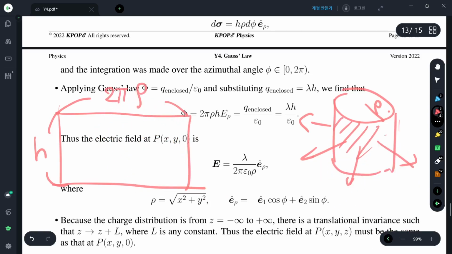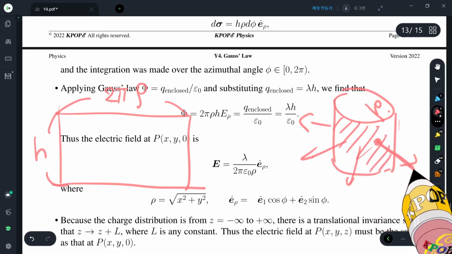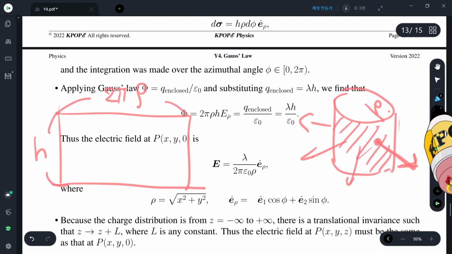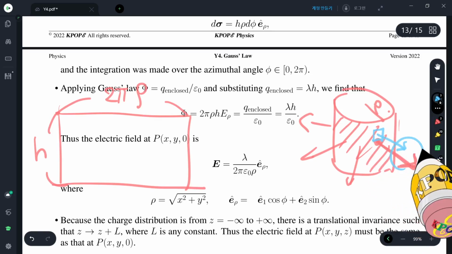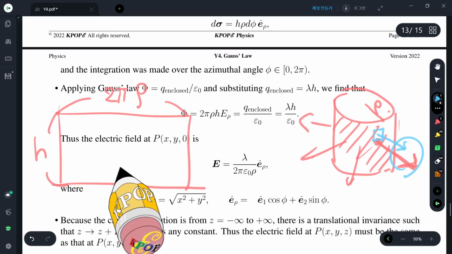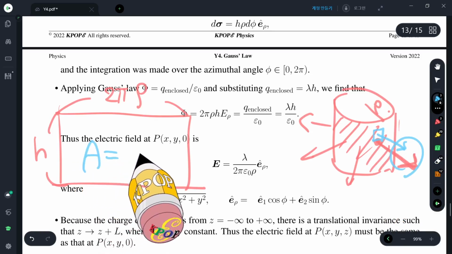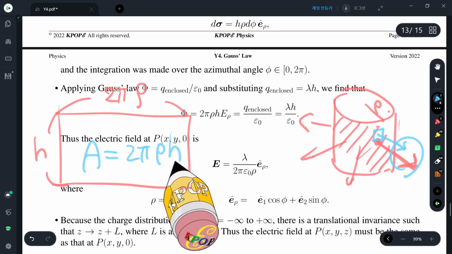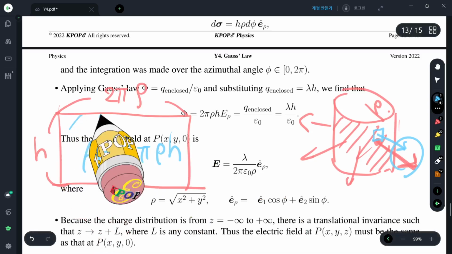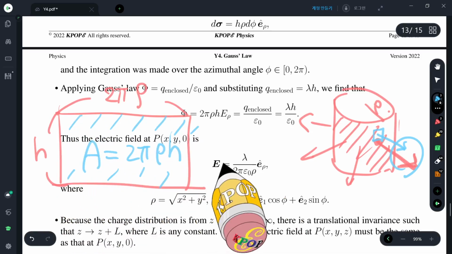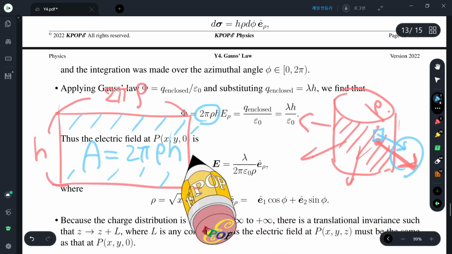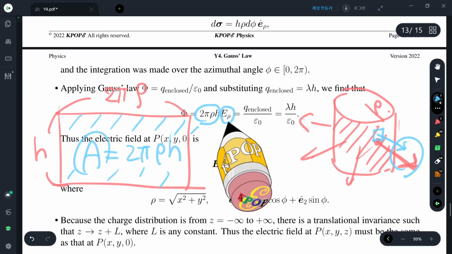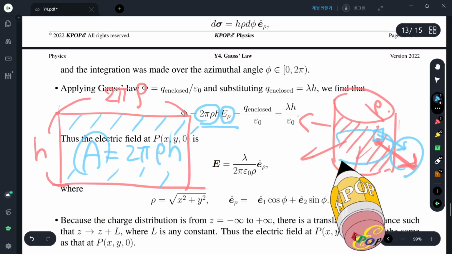At every point, the direction of the electric field and the direction of the surface area of a small patch must be parallel. The area A is 2 pi rho H, and the product of this area and the electric field is the integral.